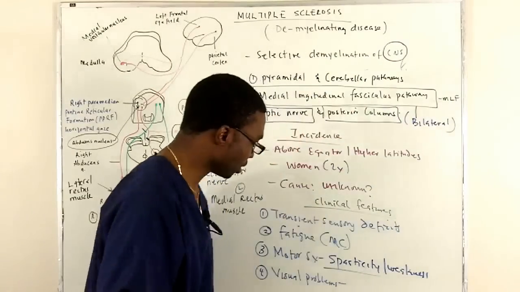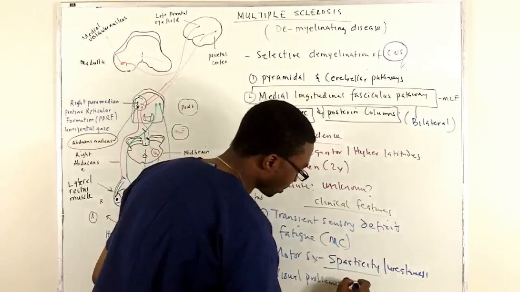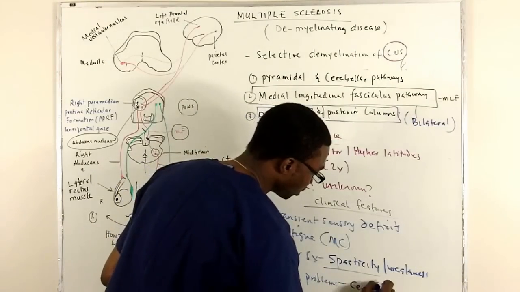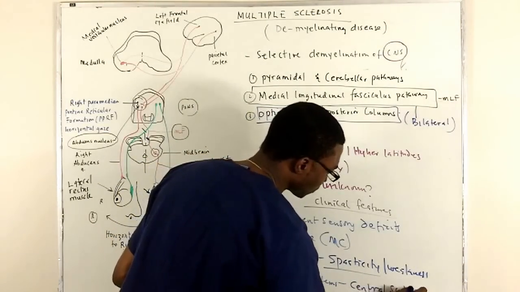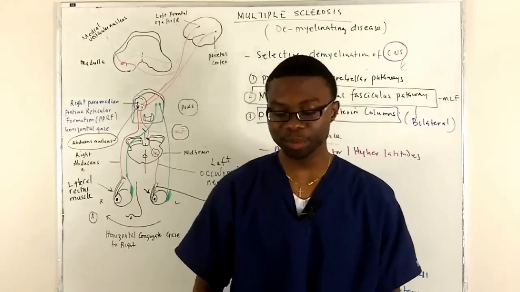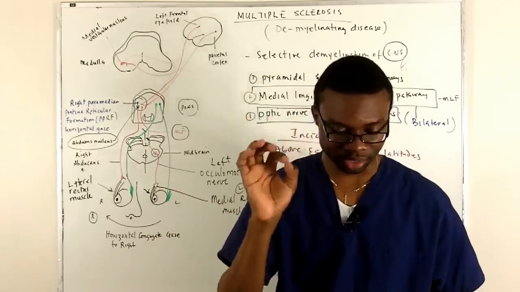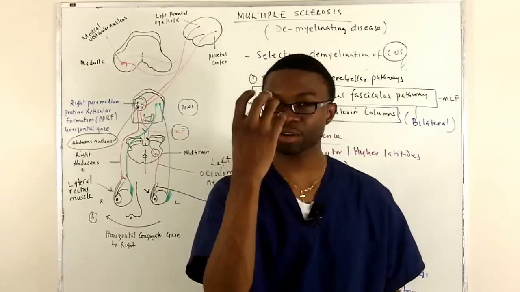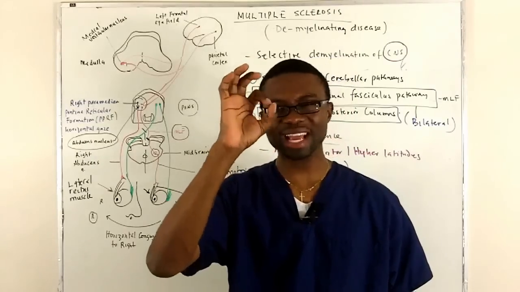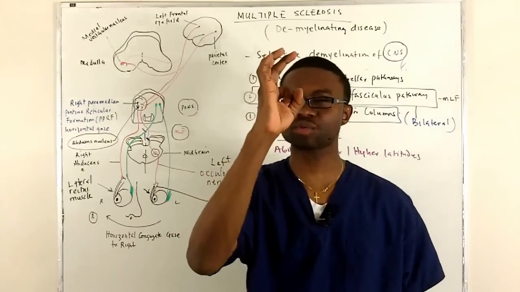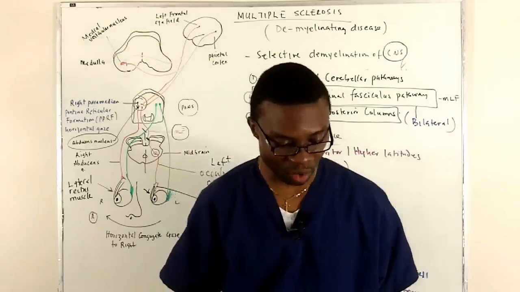Another thing patients can complain of is something known as central scotoma. What is central scotoma? Patients report dark spots in the center of their vision: "I just see this dark spot right in the dead center, and it's not going away."